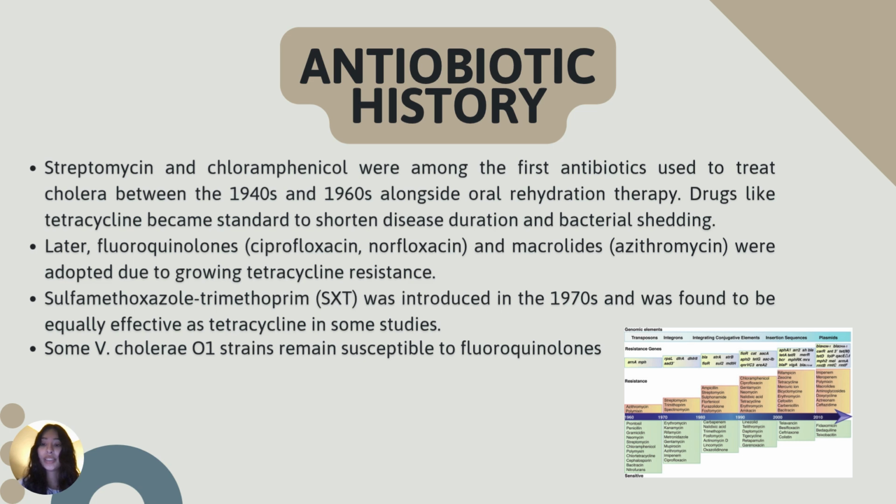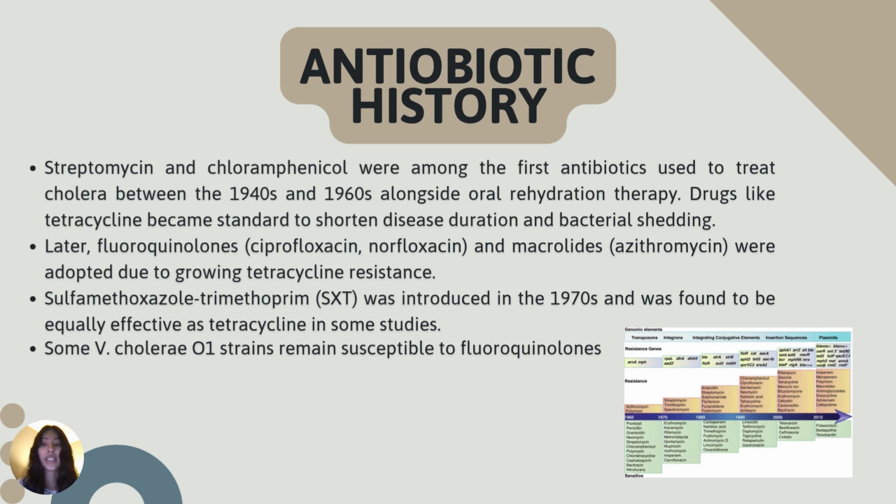Antibiotics were introduced to help shorten the duration of cholera and reduce bacterial shedding. From the 1940s to the 1960s, early antibiotics like streptomycin and chloramphenicol were used along with oral rehydration therapy to replace fluids.